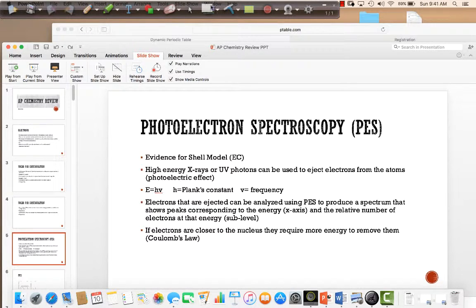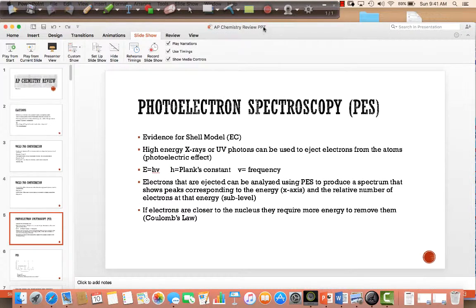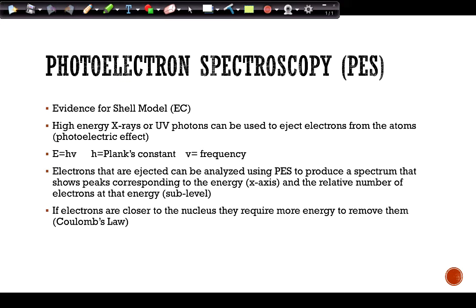Okay, so photoelectron spectroscopy is one way that we can actually show evidence of where these electrons are. Basically, high energy X-rays or UV photons, light particles, can be used to eject these electrons from the atoms. So we use energy to remove the electrons from the atoms, and that's called the photoelectric effect.